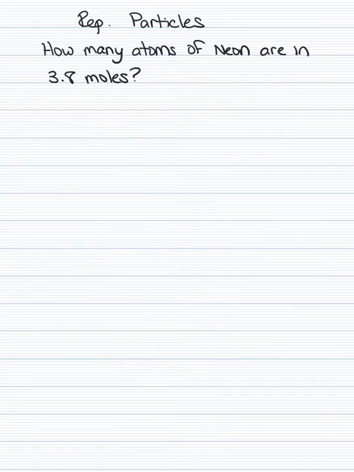Our next set of examples will be about the representative particles. Example 1: how many atoms of neon are in 3.8 moles? If we went back to our mole map, we would see that there are 6.02 times 10 to the 23rd atoms in 1 mole.